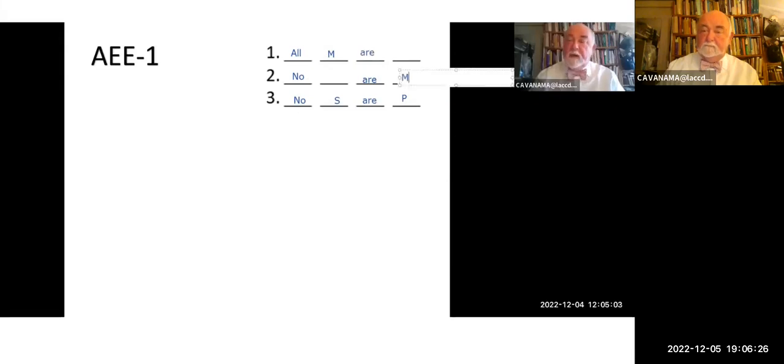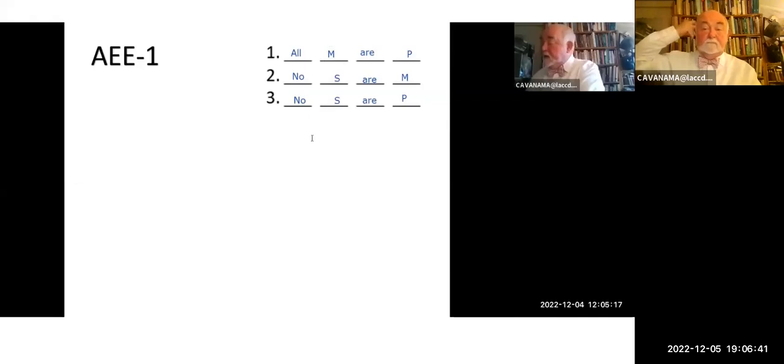And now we know our P term is going to go here along the left, and the S term is going here also by process of elimination. Okay, and we're ready to go. We have the syllogism that says all M are P and no S or M, and so no S or P.